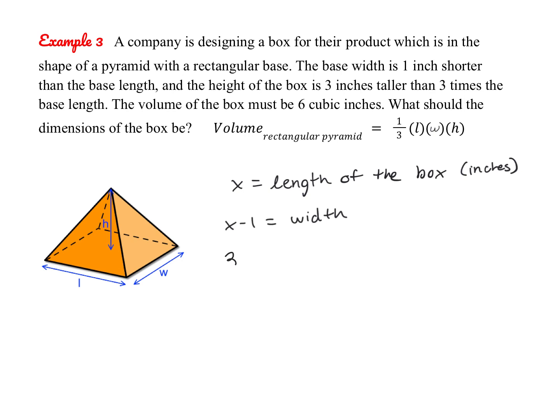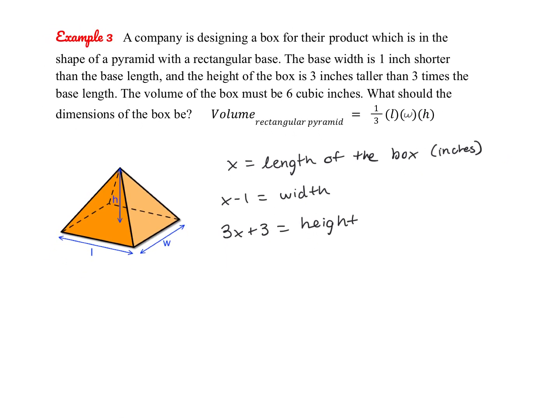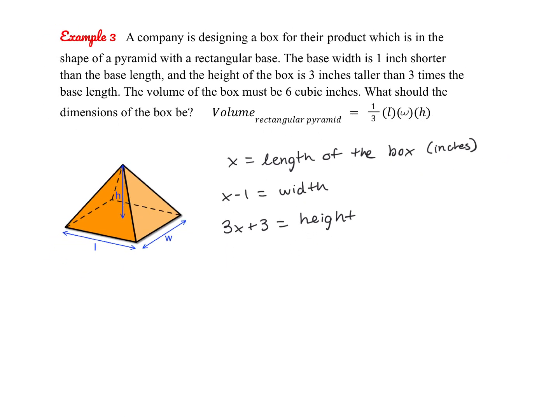So we could say 3x plus 3 equals the height of the box. So here we have the 3 dimensions we need to model the volume. So the volume in terms of x, which is the length of the box, will be 1/3 times the length, which is x, times the width, which is x minus 1, times the height, which is 3x plus 3.